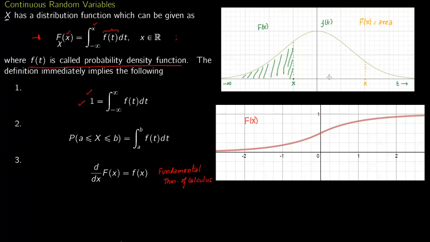So say you have 2 points, you have point A here and you have point B here, and this is the distribution function, this is the density function. So probability of the random variable x lying between A and B is given as the shaded area in blue.